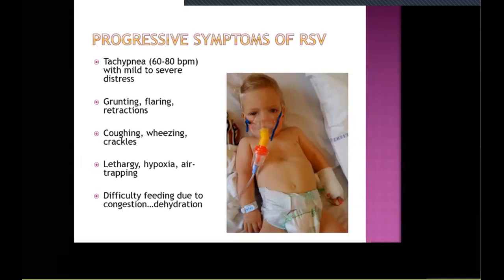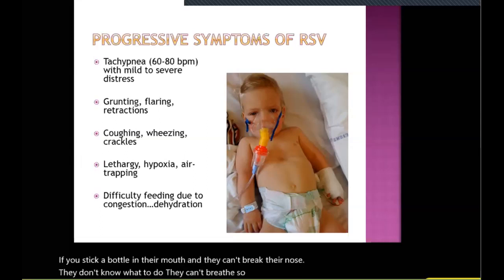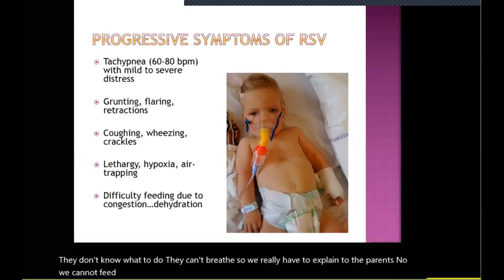And they can't breathe through their nose very well because they're all stopped up. If you stick a bottle in their mouth and they can't breathe through their nose, they don't know what to do. They can't breathe. So we really have to explain to the parents, no, we cannot feed them. Besides the risk for aspiration, it's going to make their respiratory distress worse.